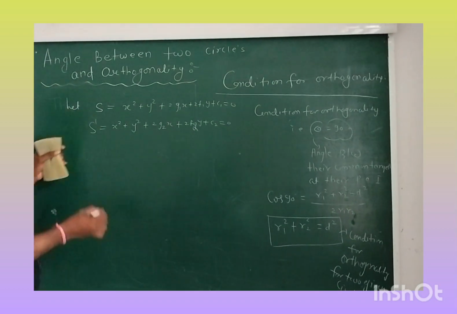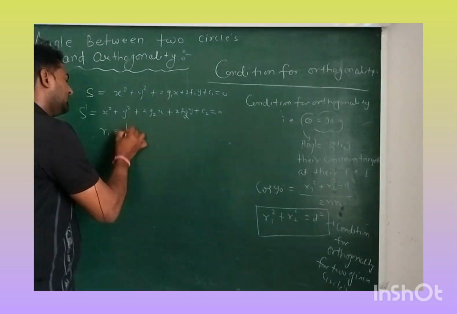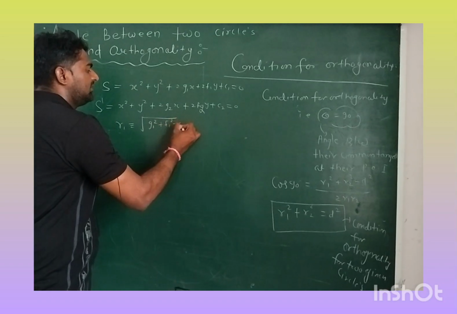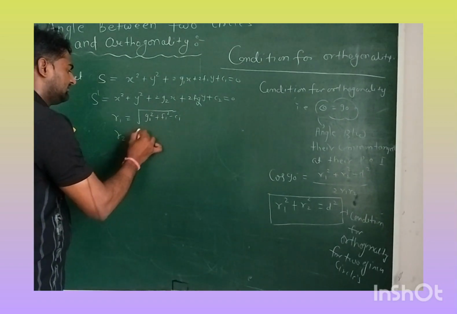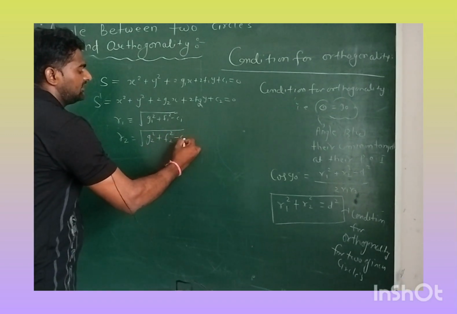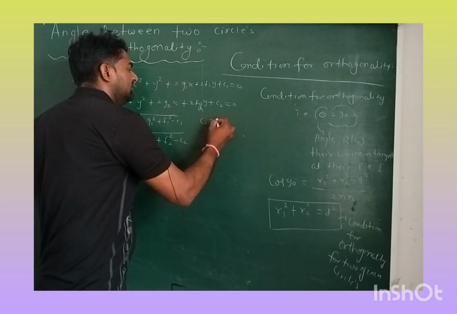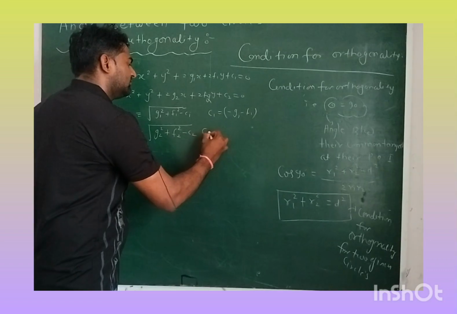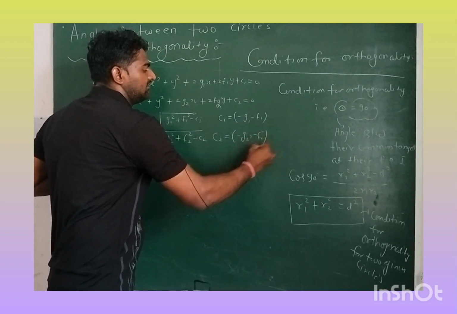So here we can find r1. r1 is equal to the square root of g1 square plus f1 square minus c1. Now what is r2? Square root of g2 square plus f2 square minus c2. Now what is the center of our circle? C1 is minus g1, minus f1. What is C2? Minus g2, minus f2.